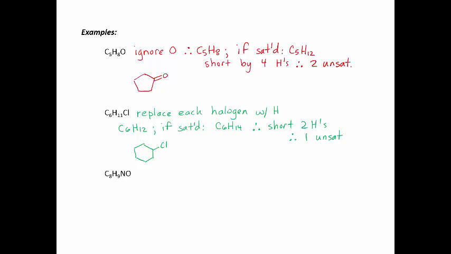Alright, so this one here, this last one, we have a nitrogen and an oxygen. We're ignoring oxygen. And we are subtracting 1 hydrogen for each nitrogen. Alright, so our working formula here is C8H8.